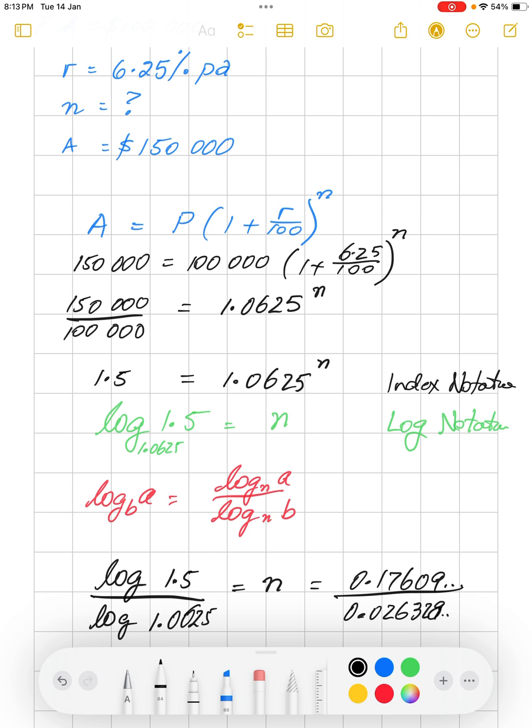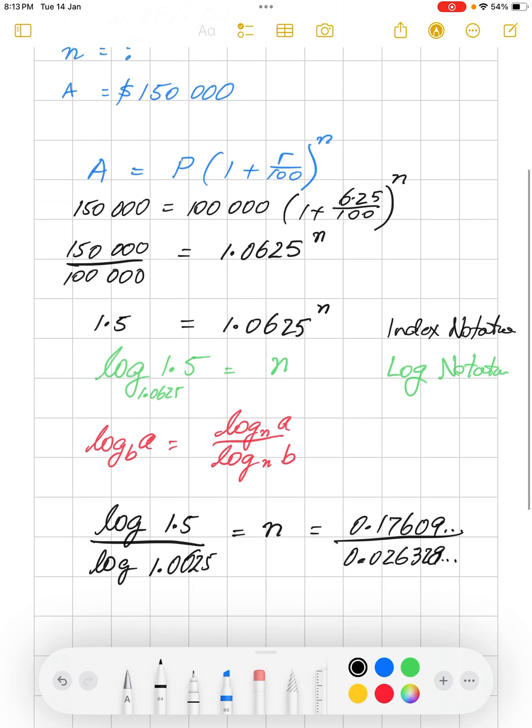Now if I go back to the original numbers and do it in one calculation, the log of 1.5 divided by the log of 1.0625, equals 6.688 years. So if it's annually, it would take 7 years to get over $150,000.